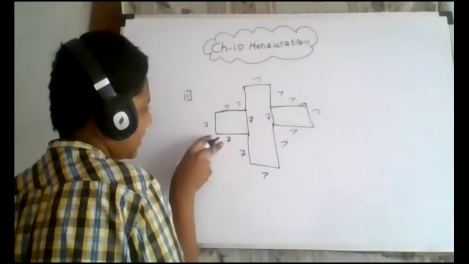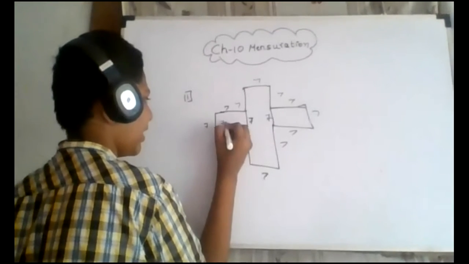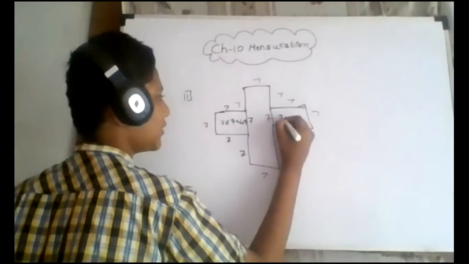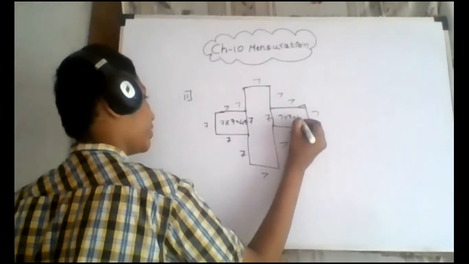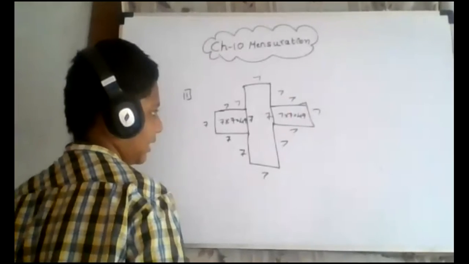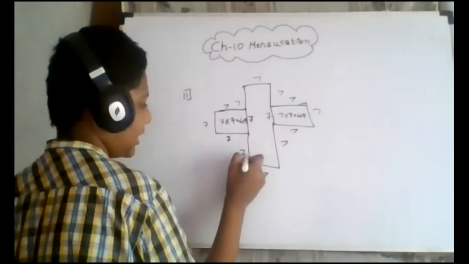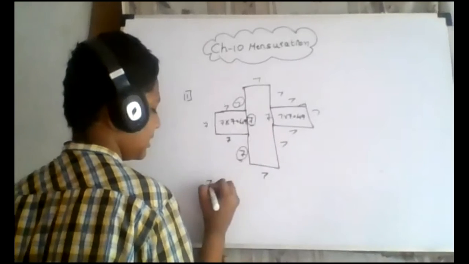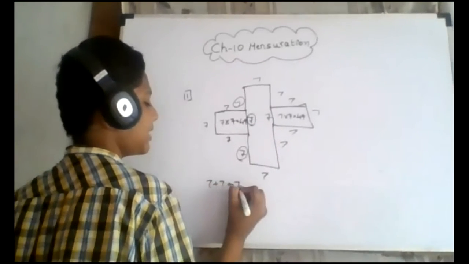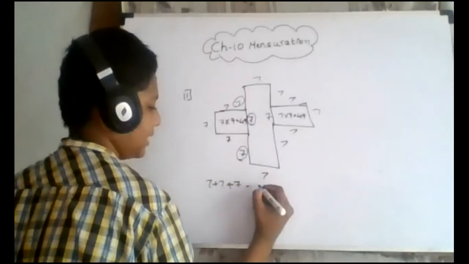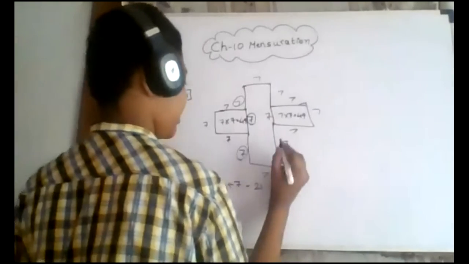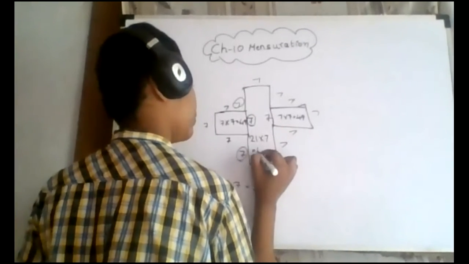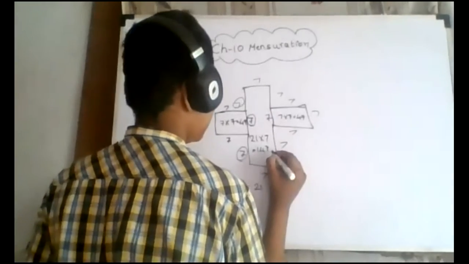What is the area of this square? 7 into 7, 49. Area of this square, 7 into 7, 49. This is a rectangle. Here is 7, here 7, here 7. What is this length? 7 plus 7 plus 7, that is 21. So area of this rectangle is 21 into 7, that is 147.